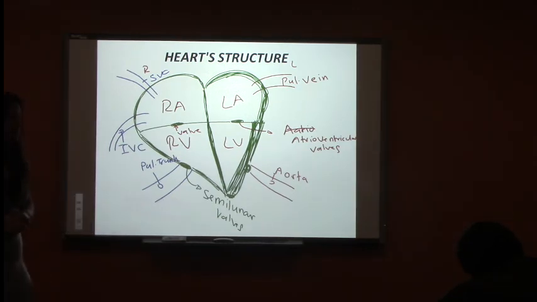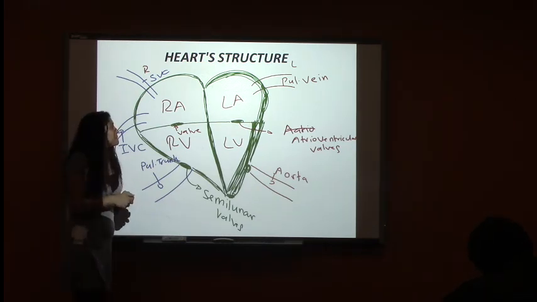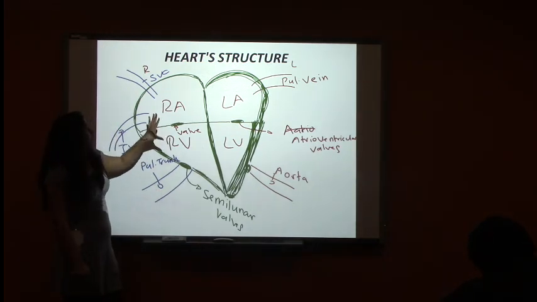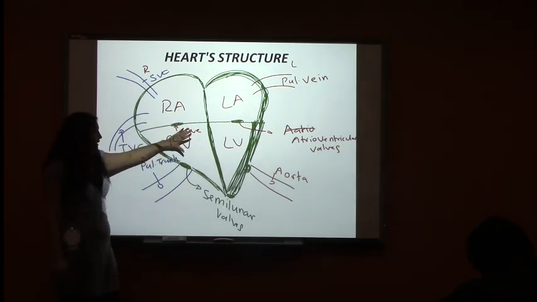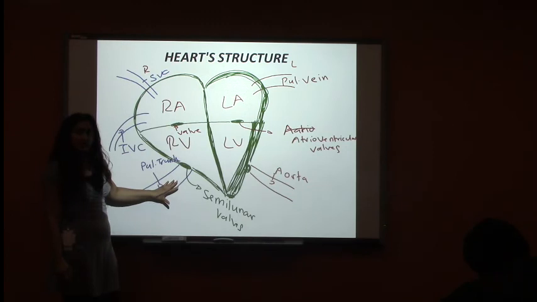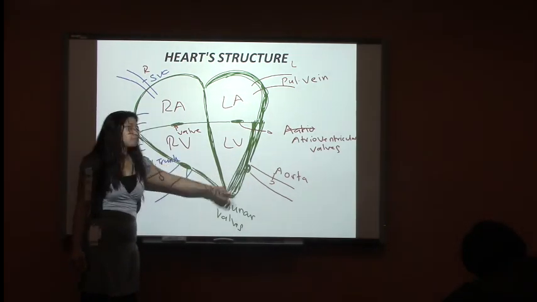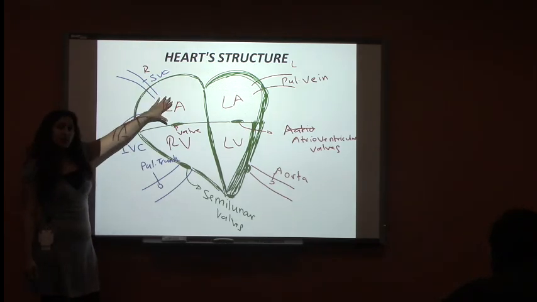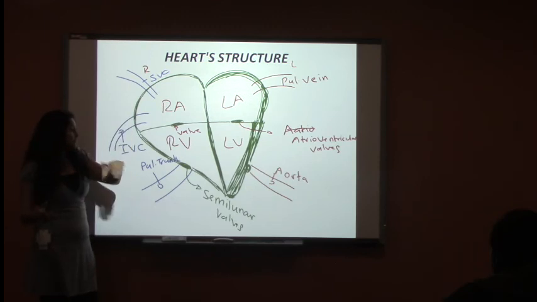Okay? So basically, the atria and ventricles are separated by valves, which are called the AV valves. The ventricles and the outgoing vessel are separated by valves, which are called the semi-lunar valves. The vessels that penetrate the atria, there is no valves. Okay, they're just really open and they drain blood.